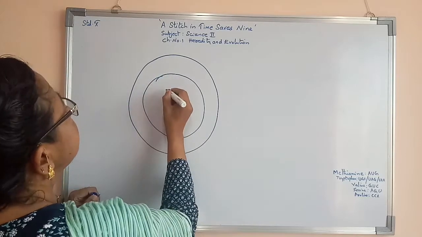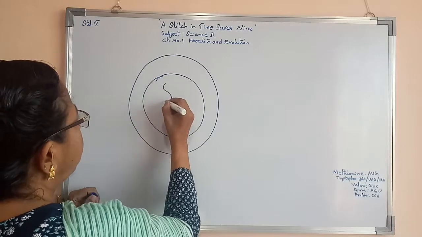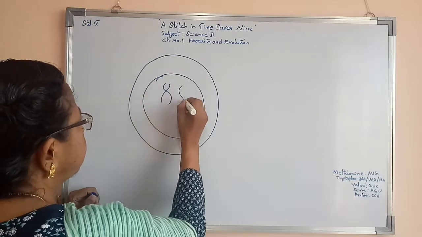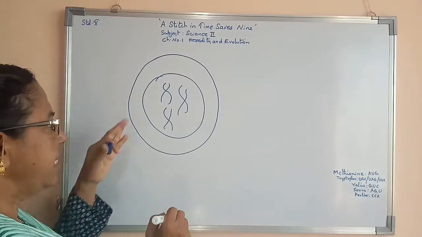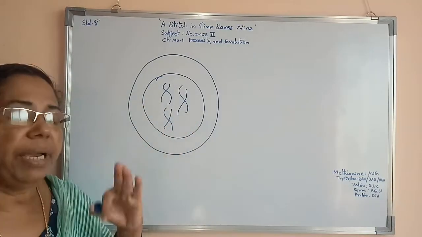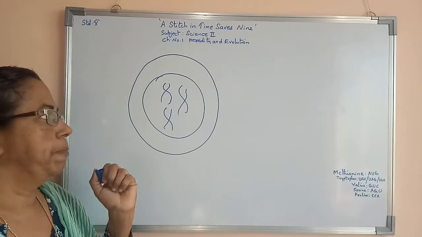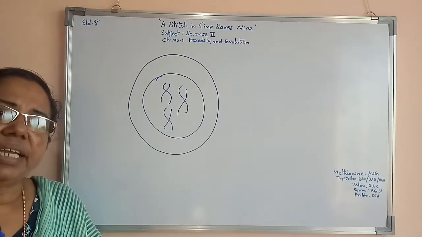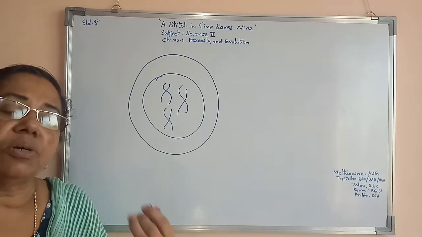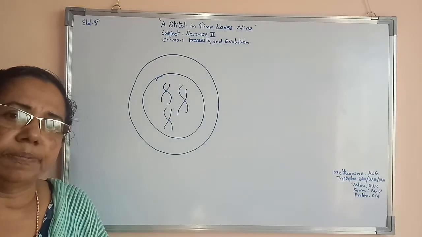Inside the nucleus, there will be chromosomes. These chromosomes are made with the help of DNA. Now, inside the DNA, there will be thousands of genes.